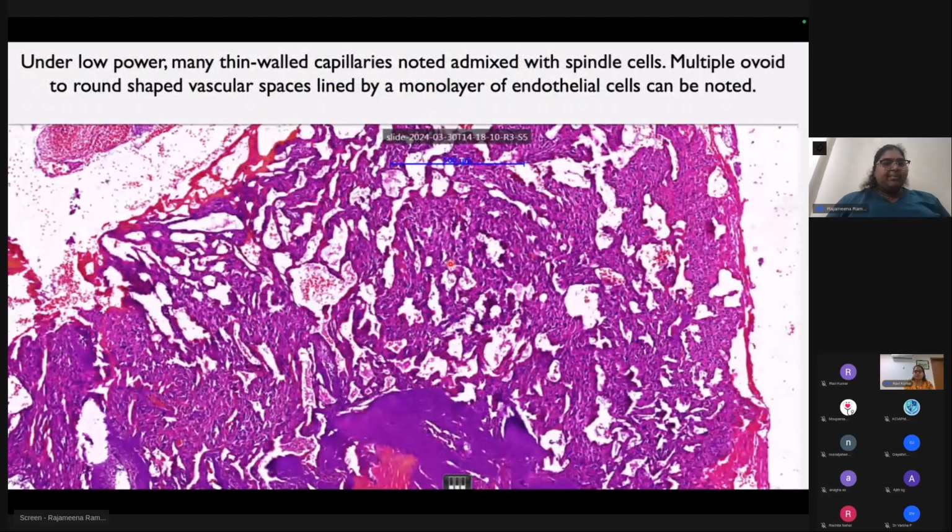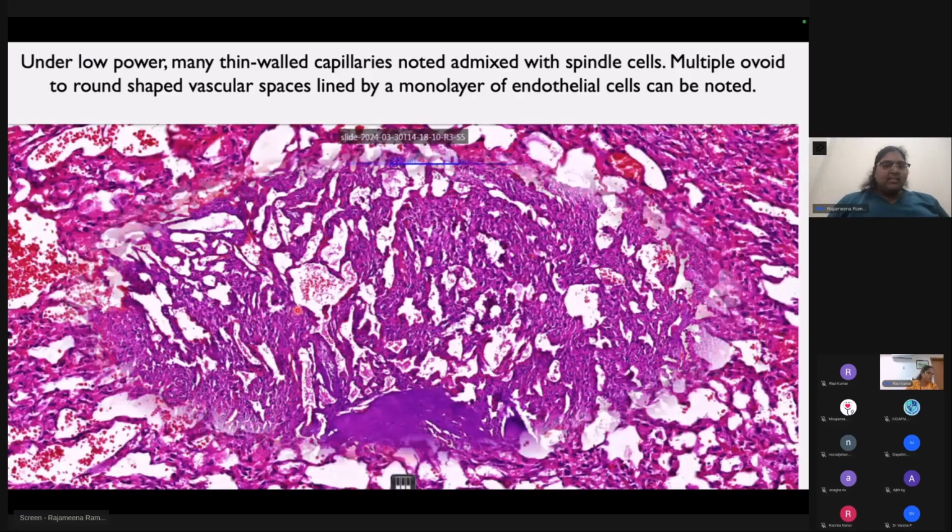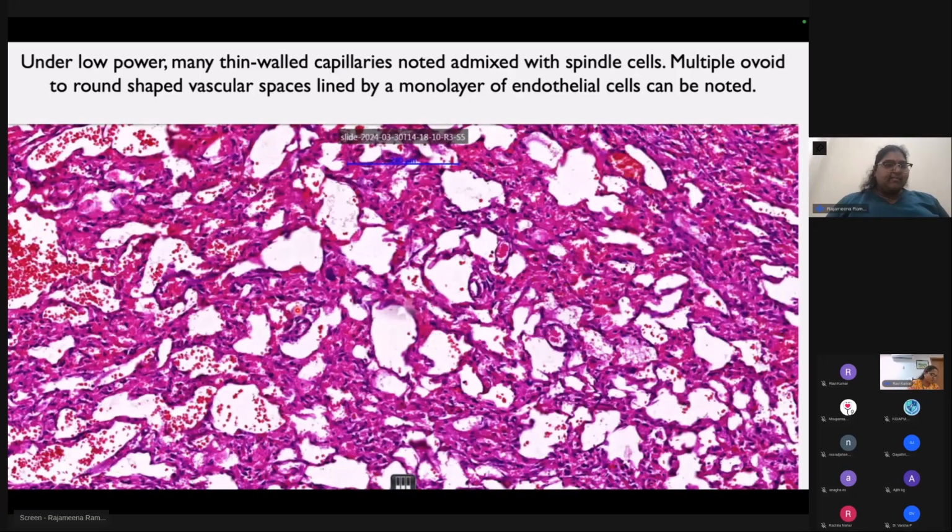Under the low power, many thin wall capillaries were noted. These capillaries were lined by a monolayer of endothelial cells. These are the same capillaries where we can see the monolayer of the endothelial cells.